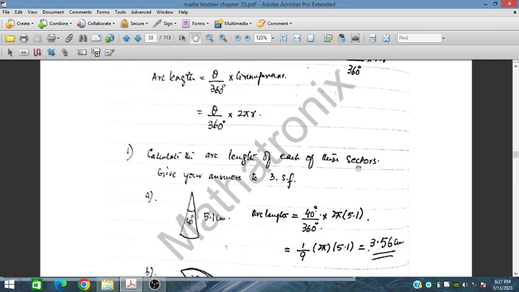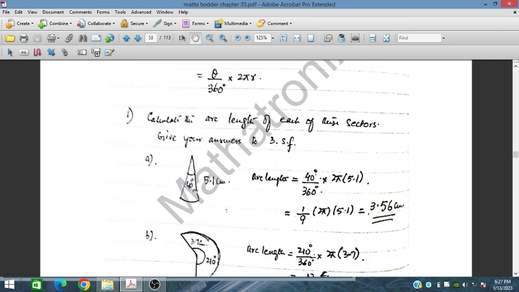Calculate the length of each of these sectors, giving your answer to 3 significant figures. Here we have 40 degrees and the radius of this circle is 5.1 centimeters. So the arc length is equal to 40 degrees, in place of theta, divided by the whole circle, 360, into 2 pi into 5.1.